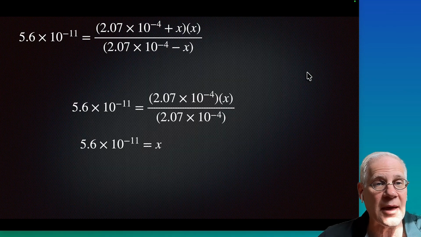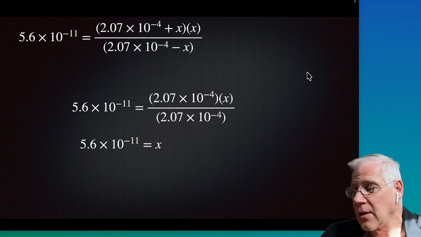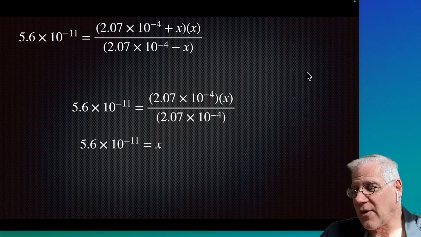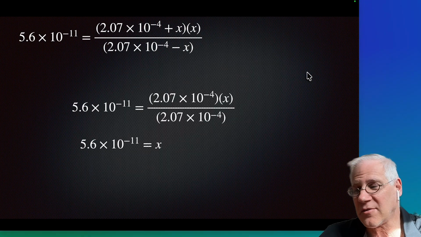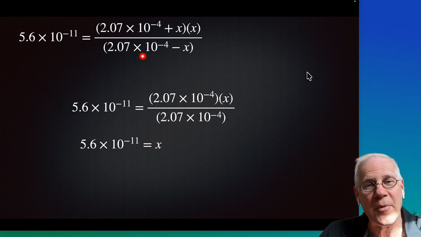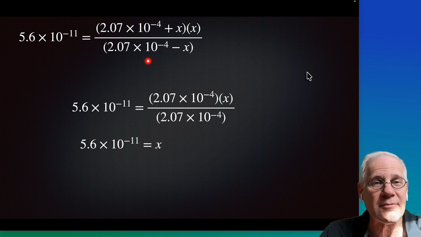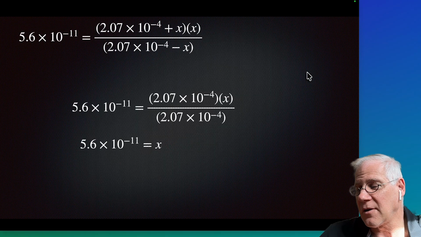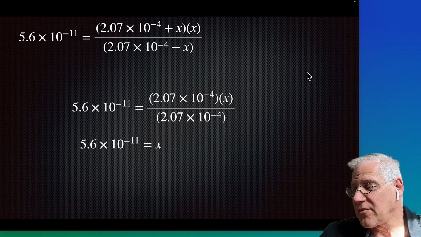So we've solved for our X here. These two values cancel out because they're exactly the same. It leaves us with just X, and we find a value of X equal to 5.6 times 10 to the minus 11. If we subtracted 5.6 times 10 to the minus 11 from this value, you would still get 2.07 times 10 to the minus 4. And so here we see a value of X of 5.6 times 10 to the minus 11.